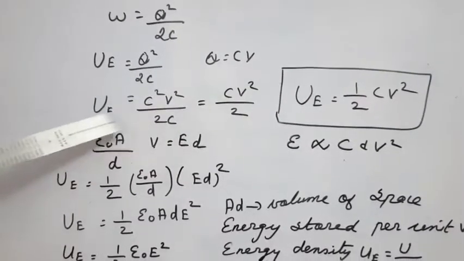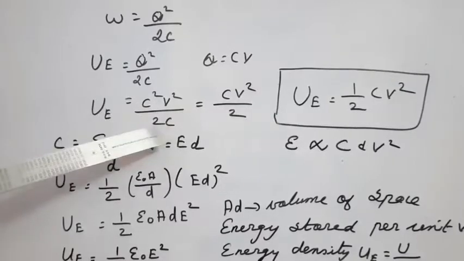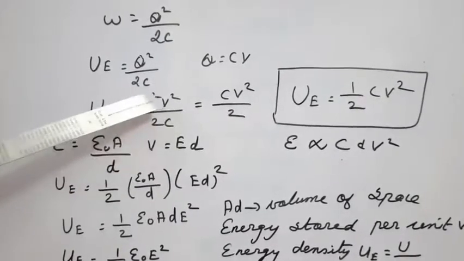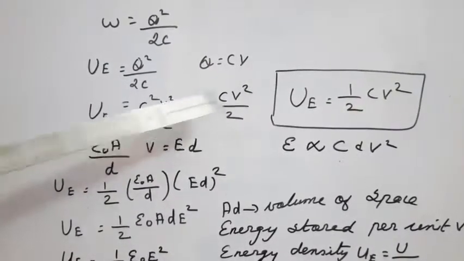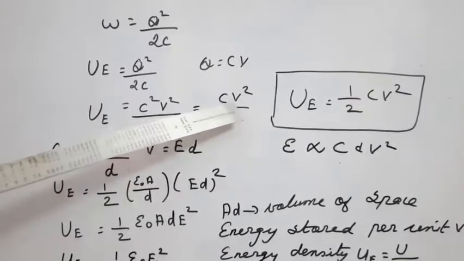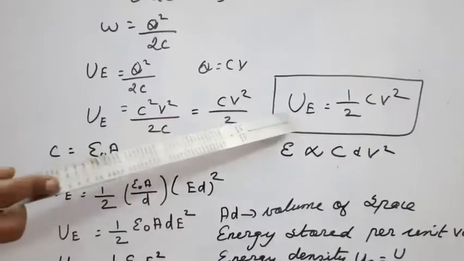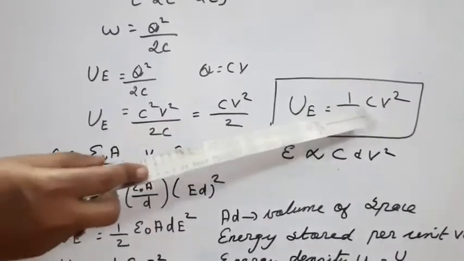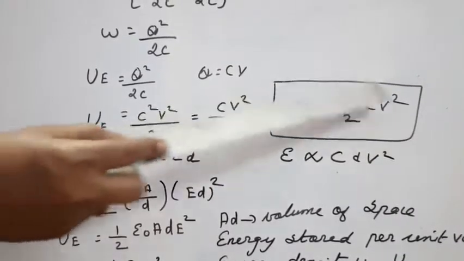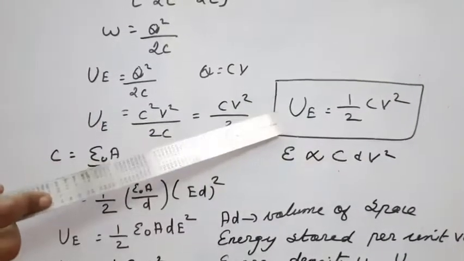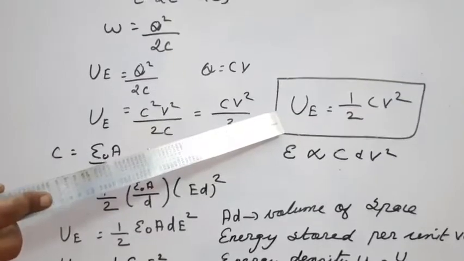So we can write C square V square divided by 2C. One C is cancelled, so UE equals CV square by 2. So UE is equal to half CV square. This is known as the stored energy in the capacitor.